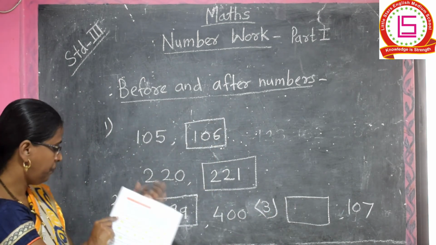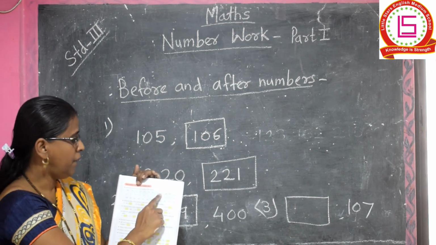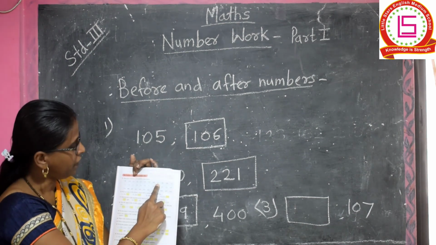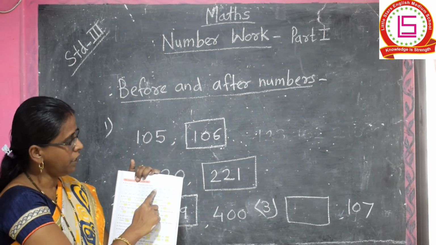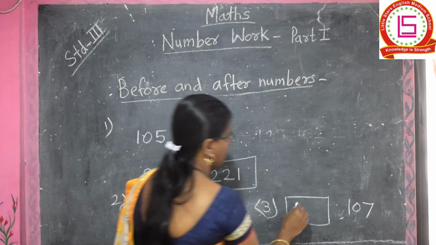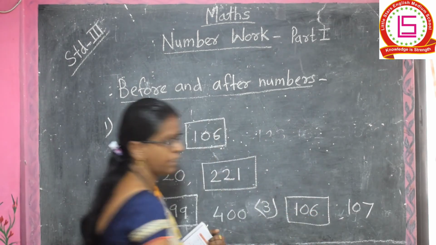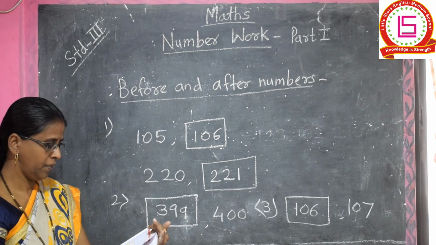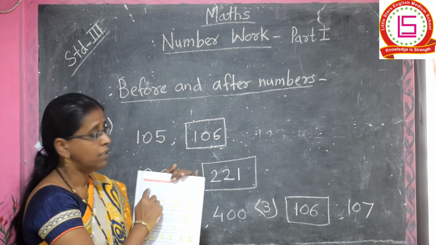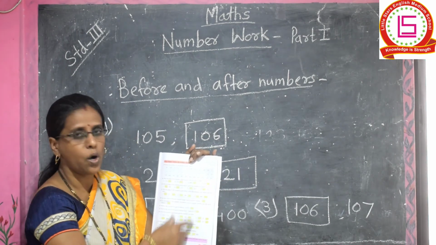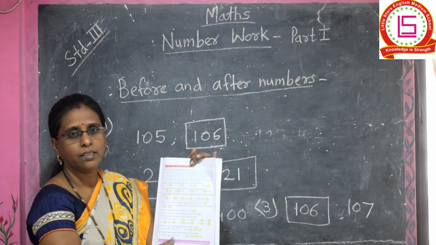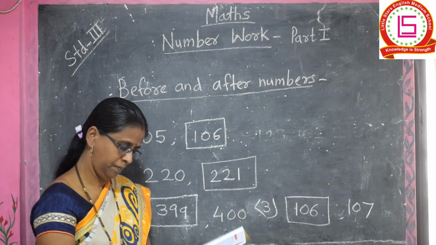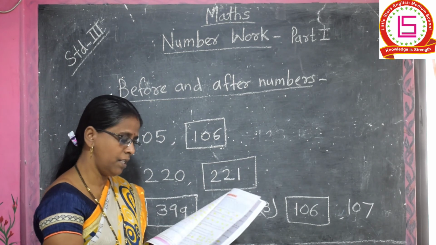Then see, in the first strip 107 is present here, and the before number is 106. Like this, see the strips and solve all these questions. Okay, complete these questions in your notebooks.